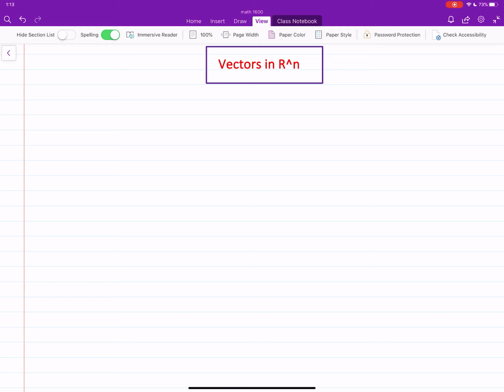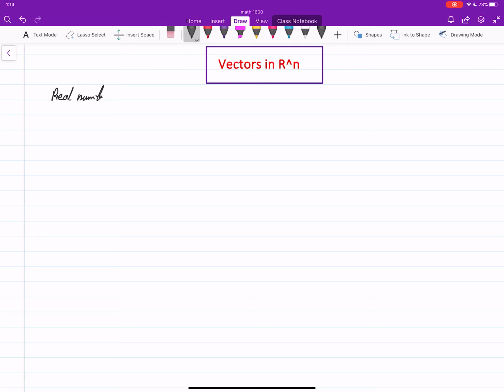So let me start with the first thing: we are working with real numbers, all rational and irrational numbers. The notation we use for this is R, and our components in the plane, and so far everything we have worked with, are real numbers.